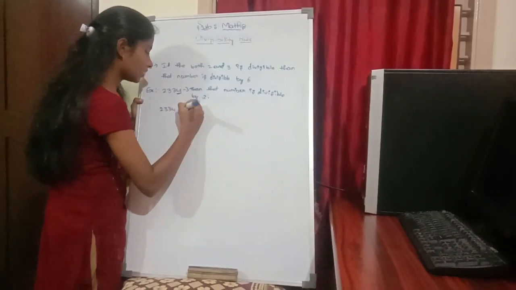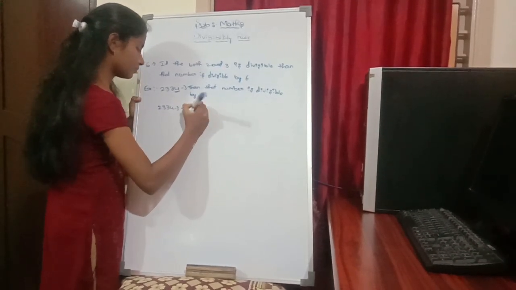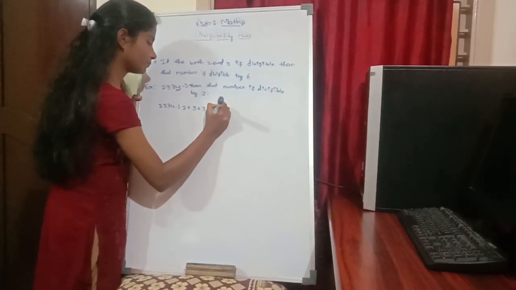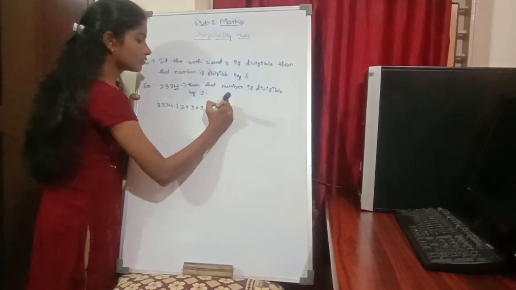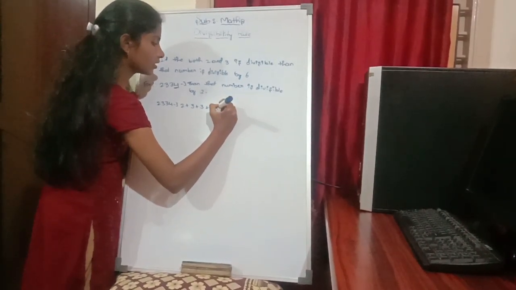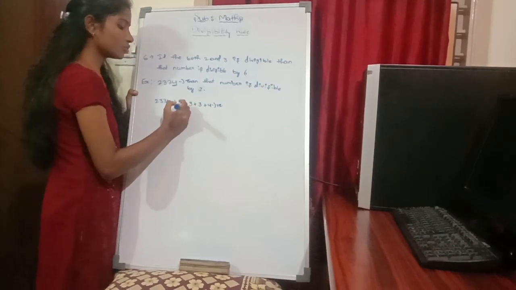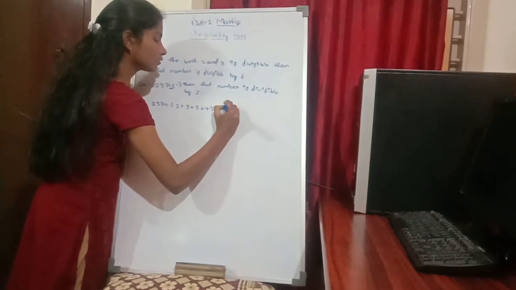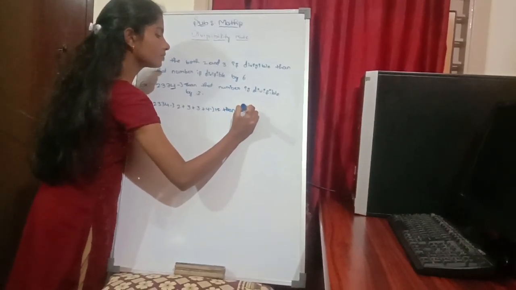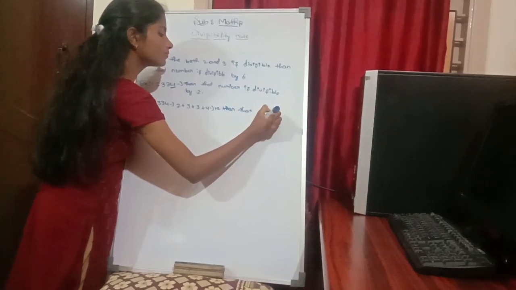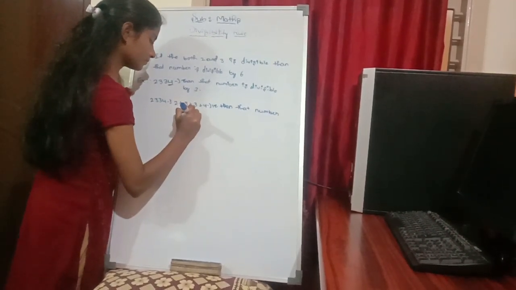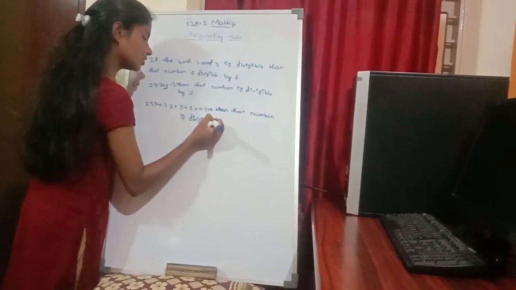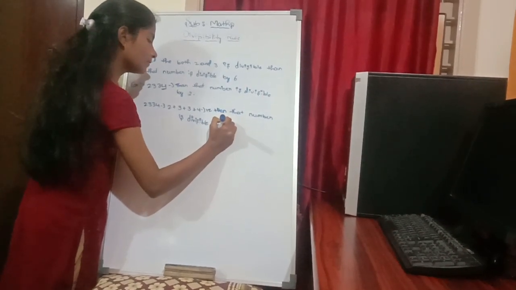Next, 2334. 2 plus 3 plus 3 plus 4. Here 12 comes. The sum of 2 plus 3 plus 3 plus 4 is 12. Then that number is divisible by 3.